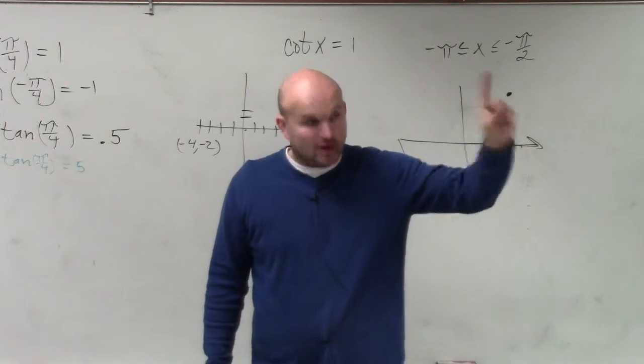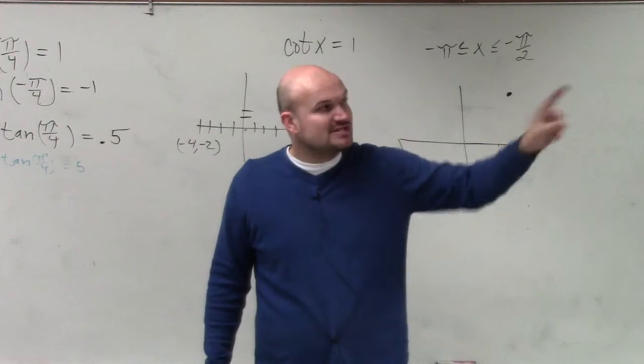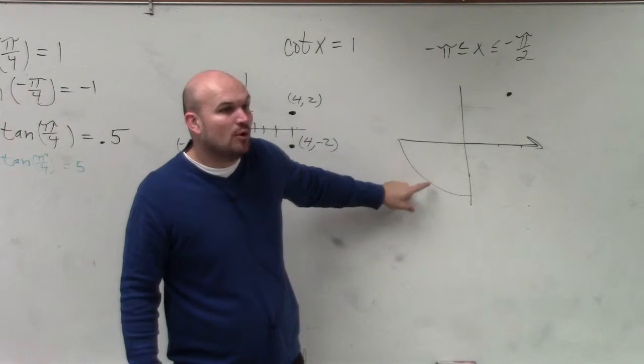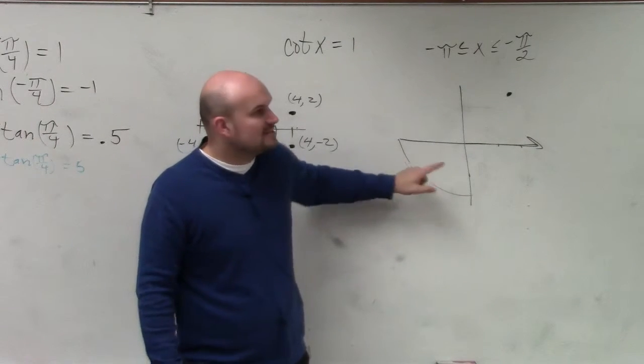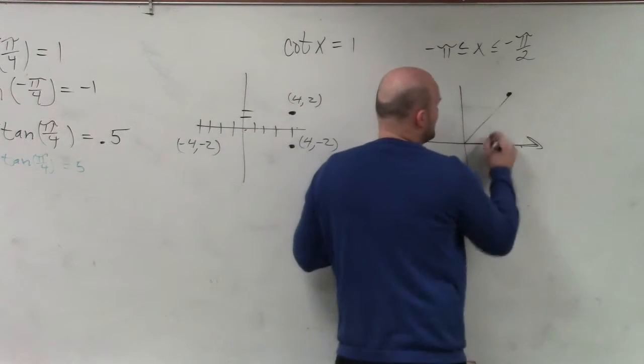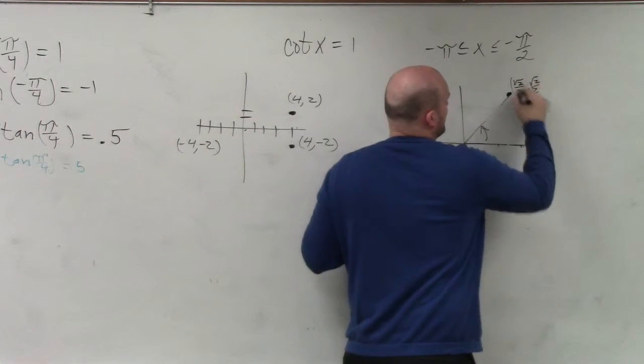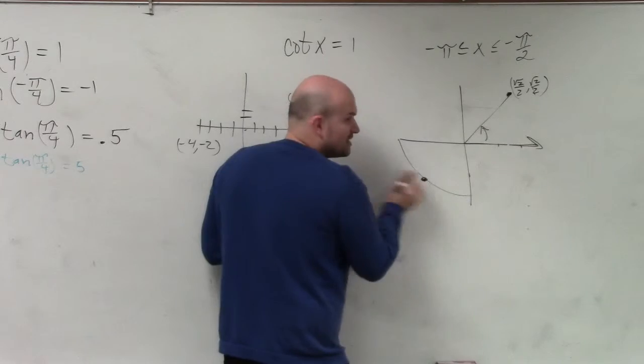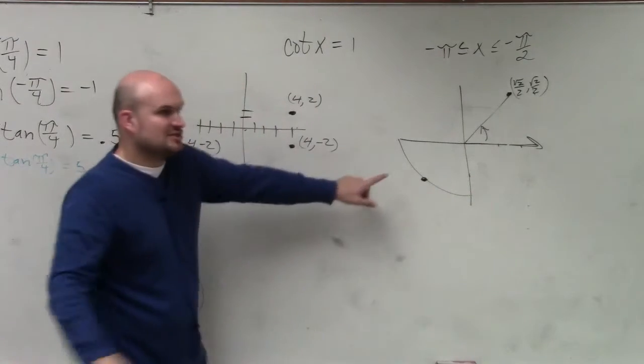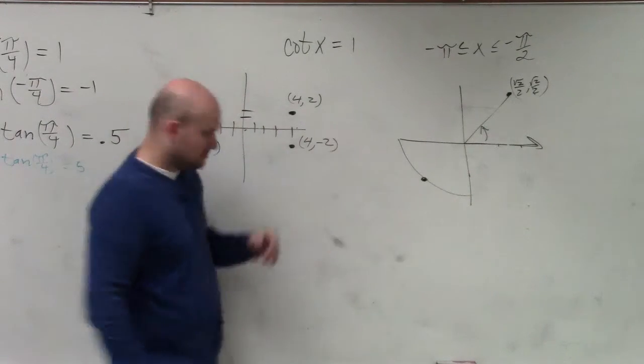Yes? But that's not the point in this quadrant. 45 degrees is right here. That's square root of 2 over 2 comma square root of 2 over 2. But we want to find the coordinate point down here. So by using reflections, what would that be? Good.